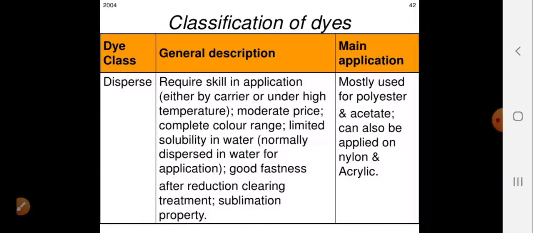The process is skill based, with moderate price, complete color range, limited solubility in water, and good fastness after reduction clearing treatment. So all in all, good for application but requires skills, and applications are polyester and acetate, and it can also be applied for acrylic and nylon.